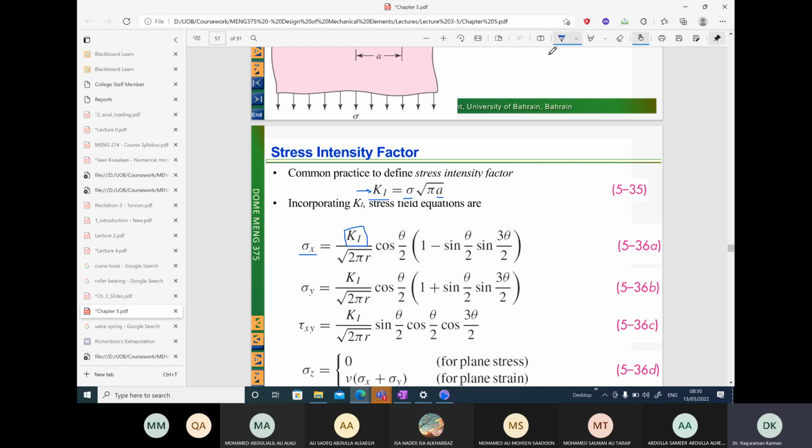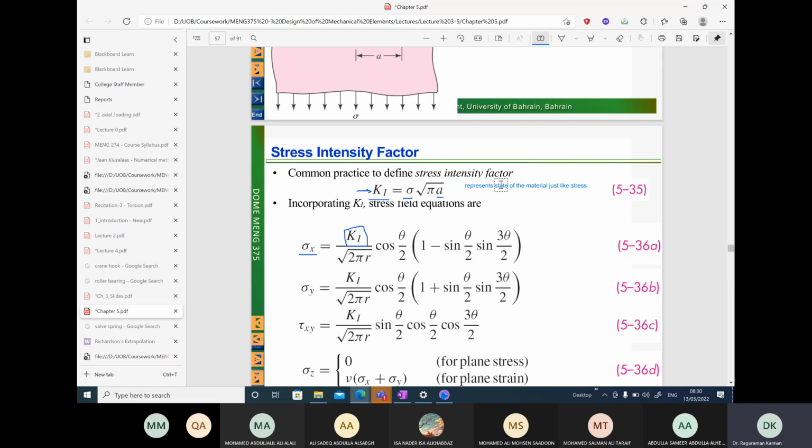It is not a material property, it represents the state of the material, just like the quantity stress.